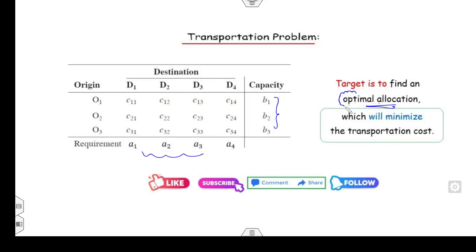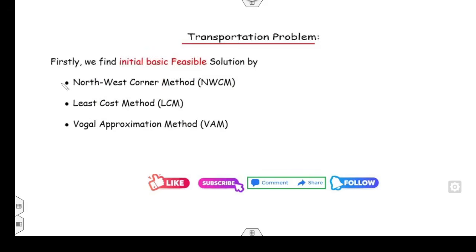Remember, whenever our target is to find the optimal solution, we always first need the feasible solution. And in the transportation problem, how can you find the feasible solution? We have three different methods: the northwest corner method, the least cost method, and the Vogel approximation method.